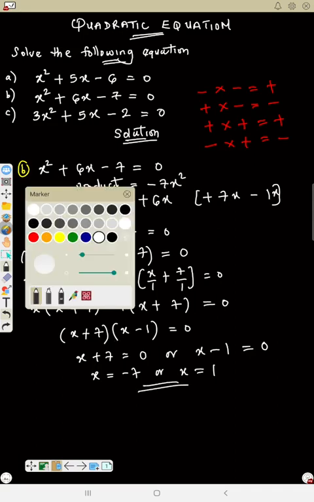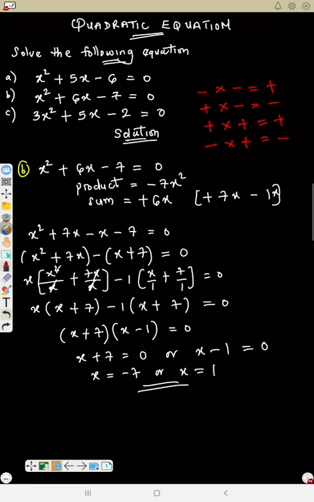So let's use our short method. If you have s squared plus 7s minus s, that is s squared plus 6s minus 7 equals 0. What are the two factors we got? We got plus 7 or minus 1.